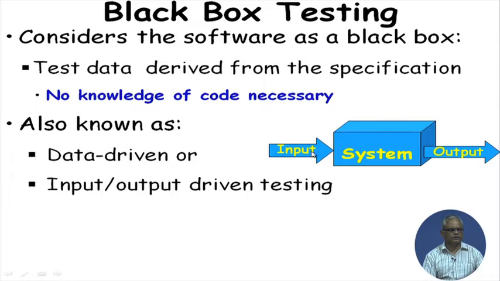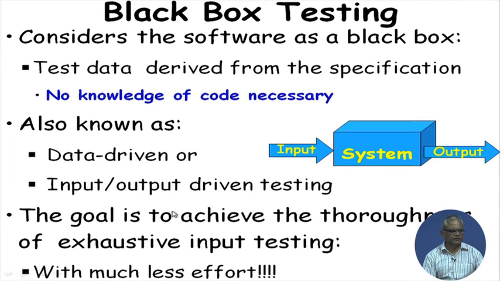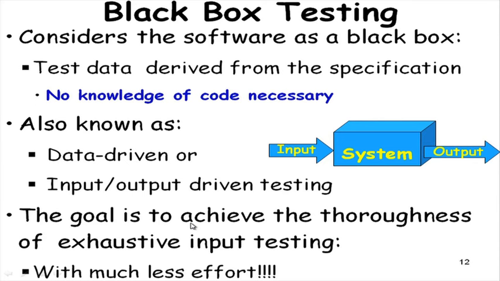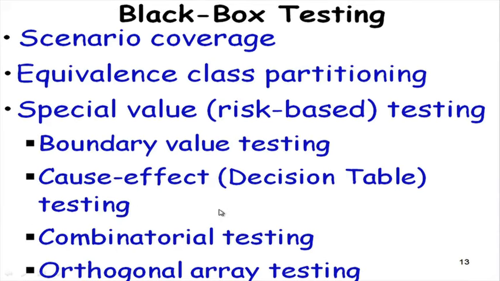We know the input and the corresponding output, but we do not have any knowledge about the system, which appears like a black box, and therefore it is also called input output driven testing or data driven testing. So, our goal in test case design is to achieve the thoroughness of exhaustive input testing with as few test cases as possible.